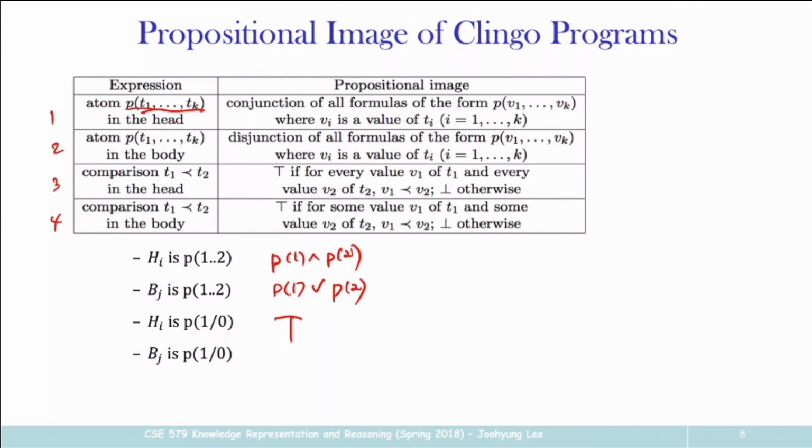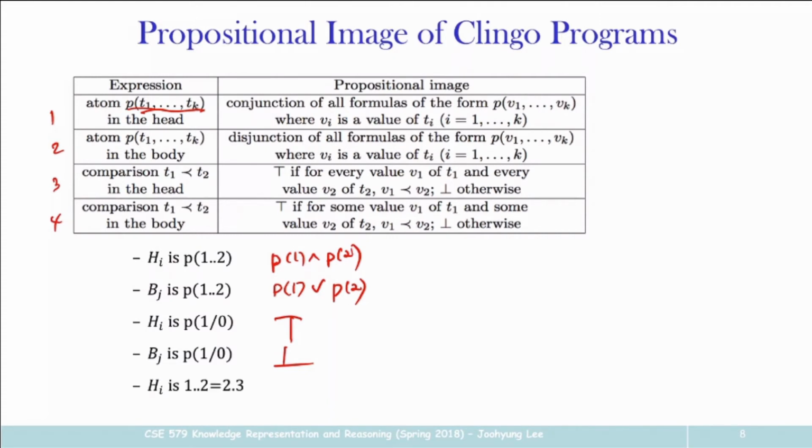What about this? This is also an empty thing, but is it a conjunction or disjunction? It is actually the disjunction because it belongs to the second case. Empty disjunction is actually bottom. Okay, good.